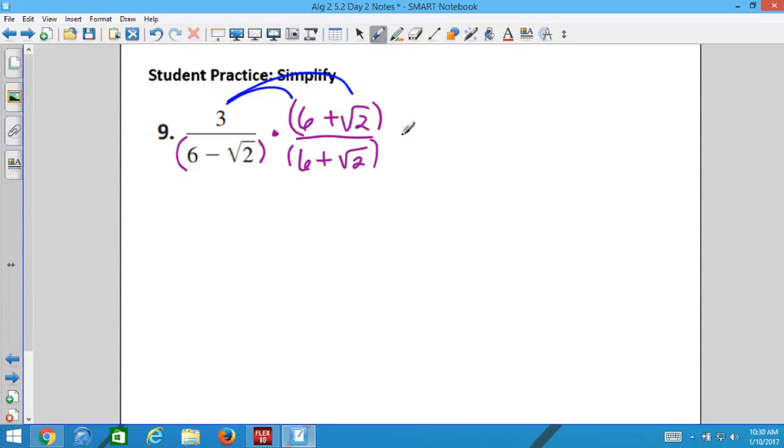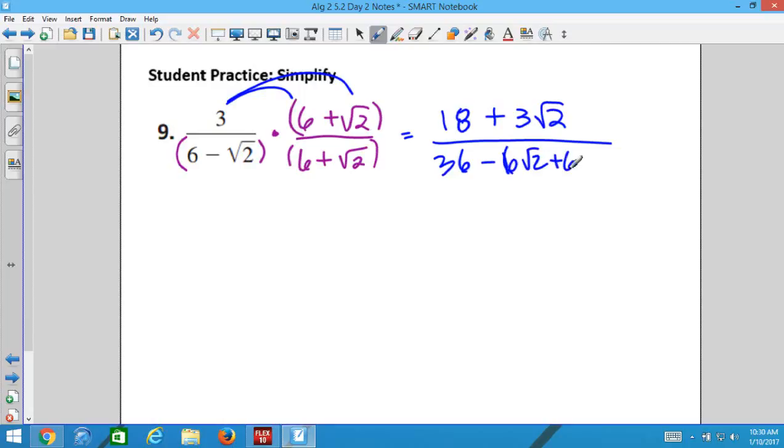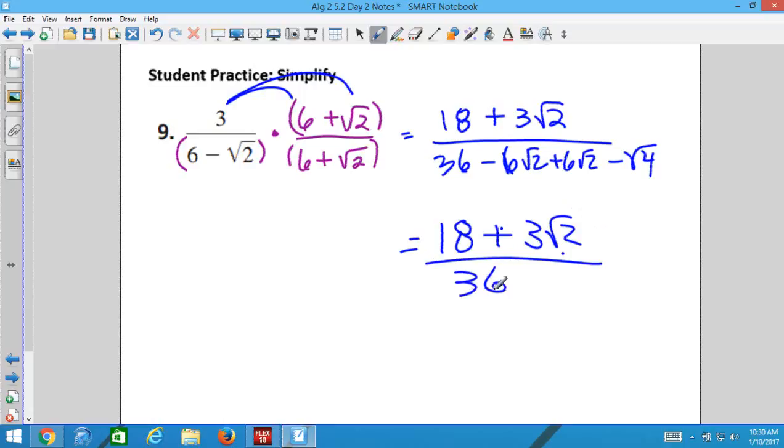So you just put them next to each other with 3 radical 2. And then on the bottom, I'm doing FOIL very fast. So you get 18 plus 3 radical 2 over 34. And that's all you do.